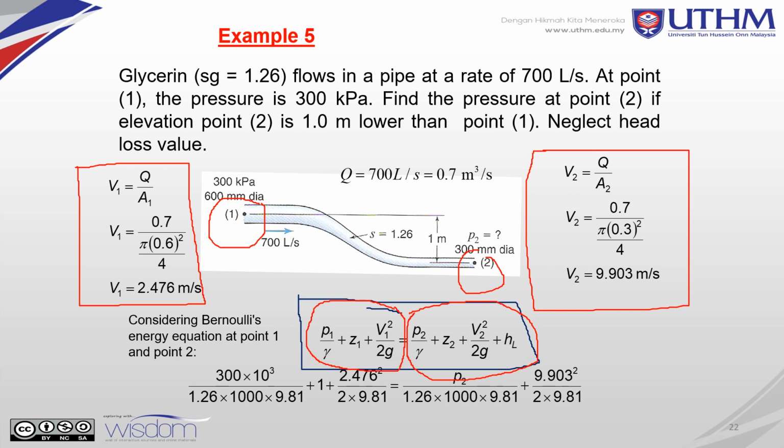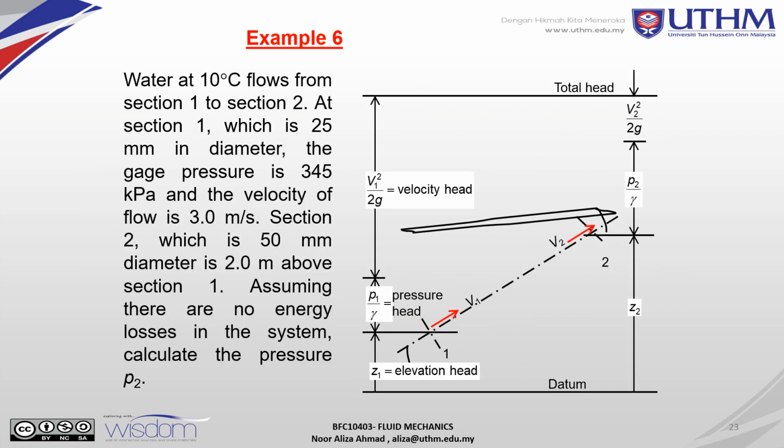In this question, we neglect head losses, so HL is no need to calculate. You just put all the values into this equation until you get P2, the pressure at point 2, which is 254.4 kilopascal.